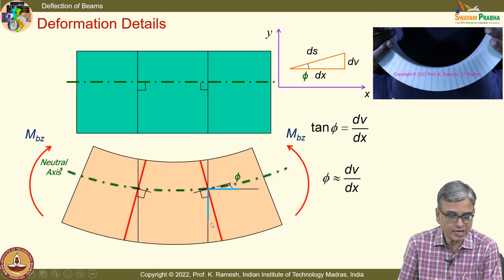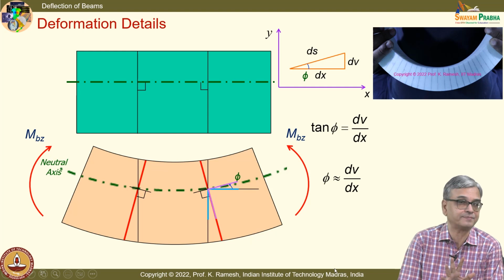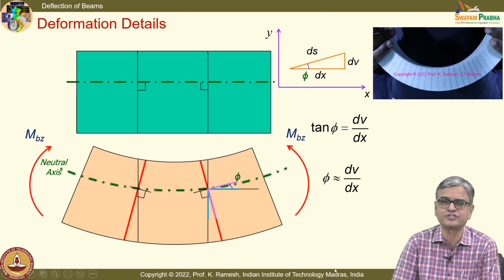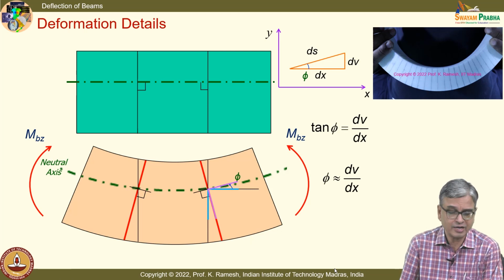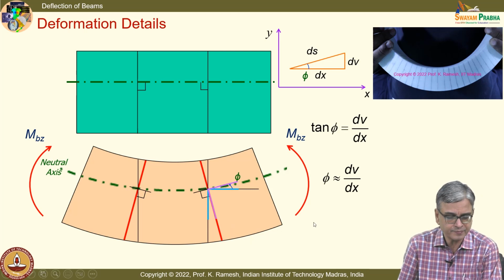And as long as you want to investigate the shear, I have to look at what happens to the original rectangle, how this gets changed because of deformation. And the original rectangle remains a rectangle even after the beam is bent. And we have already seen that shear strain is 0 when I have pure bending. We are discussing only pure bending.